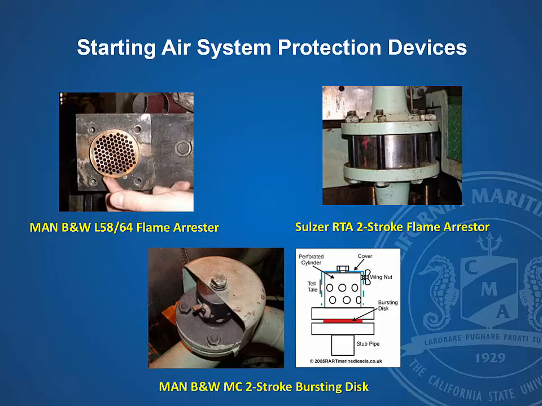All right, to prevent this flame front from coming out of the cylinder, there's a couple of different methodologies for protection. One of them is the flame arrestor. Now, the flame arrestor is situated typically between two flanges. It's made out of a fairly thick metal, and it has holes drilled through it.